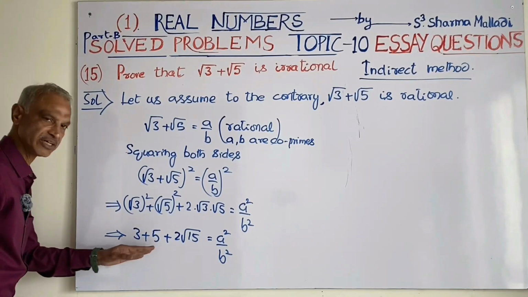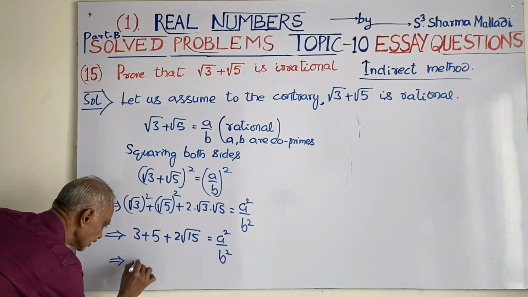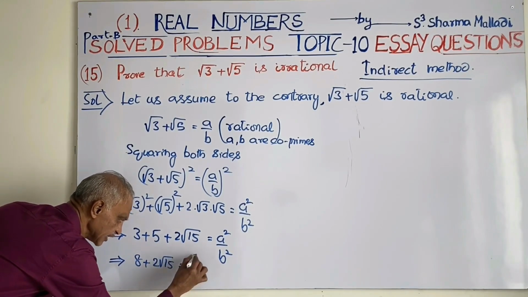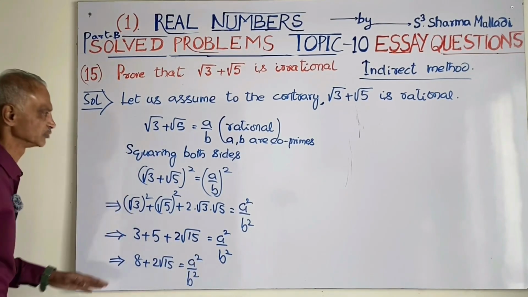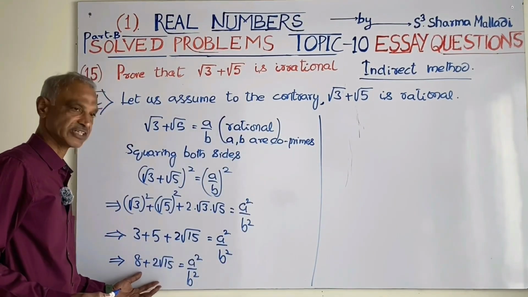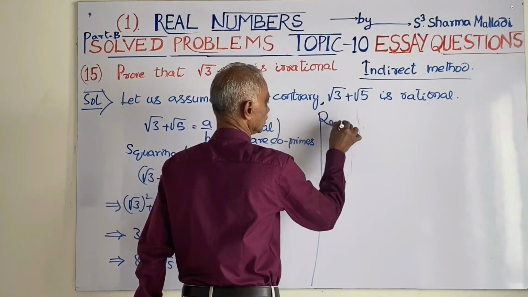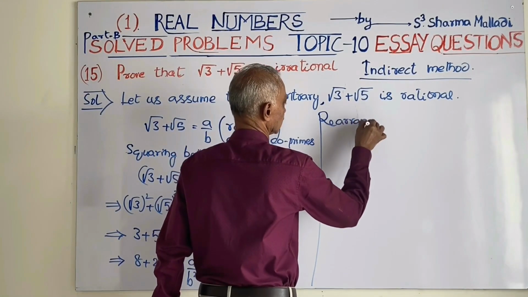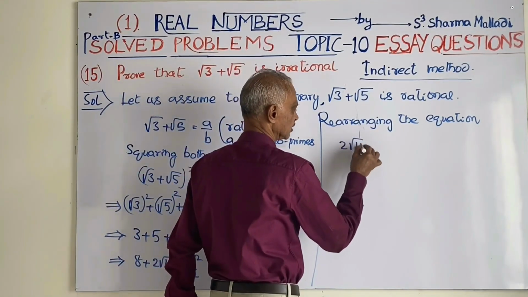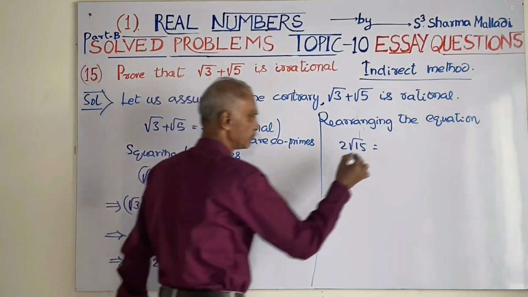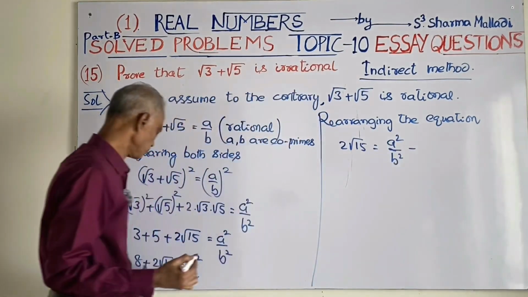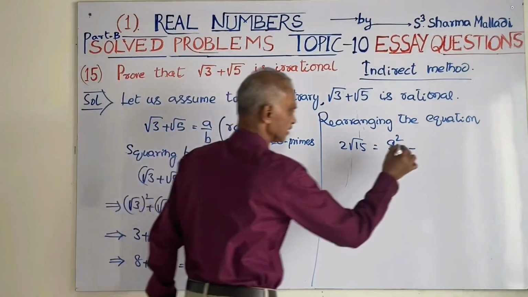Now 3 plus 5, 8. 8 plus 2 root 15 is equal to a square by b square. Now I will do the problem here, rearranging the equation. It can be written as 2 root 15 is equal to a square by b square minus 8; plus 8 can be written as minus 8 here.